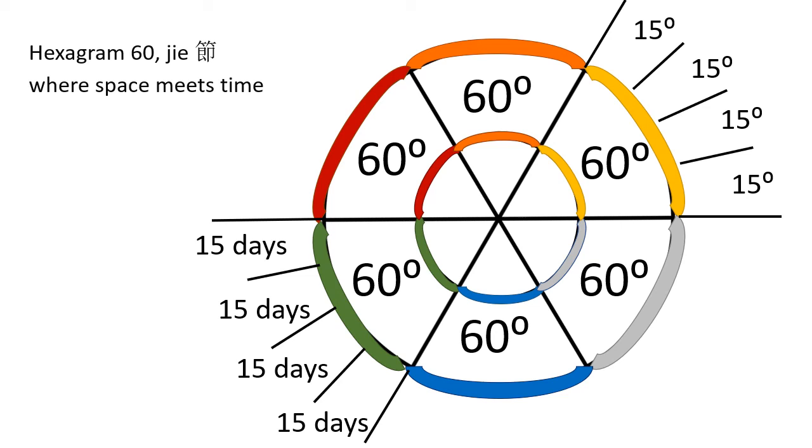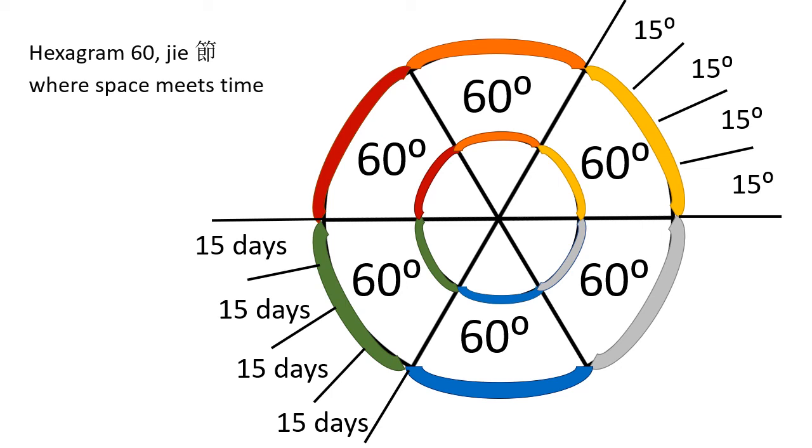There are 60 seconds to a minute, there are 60 minutes to an hour, and the stem and branch cycle is a 60 minute, day, hour, month cycle. 60, jie, is a complete cycle from one node to the next node.